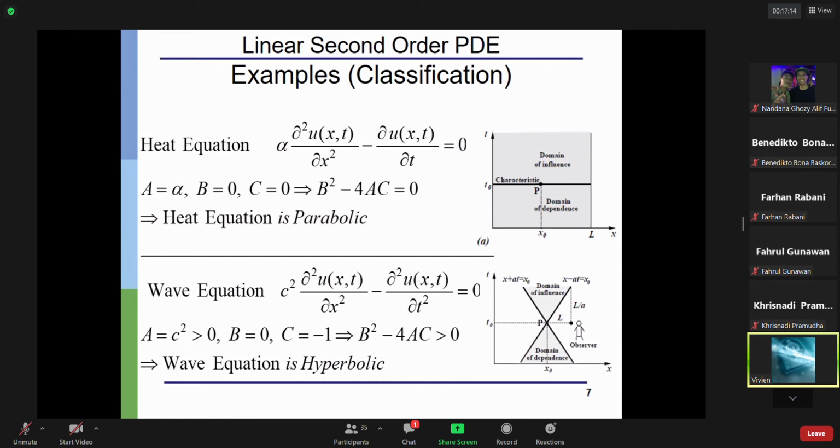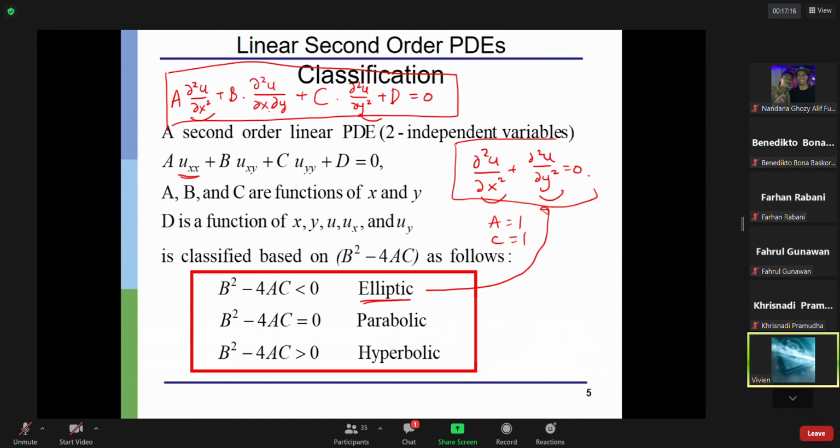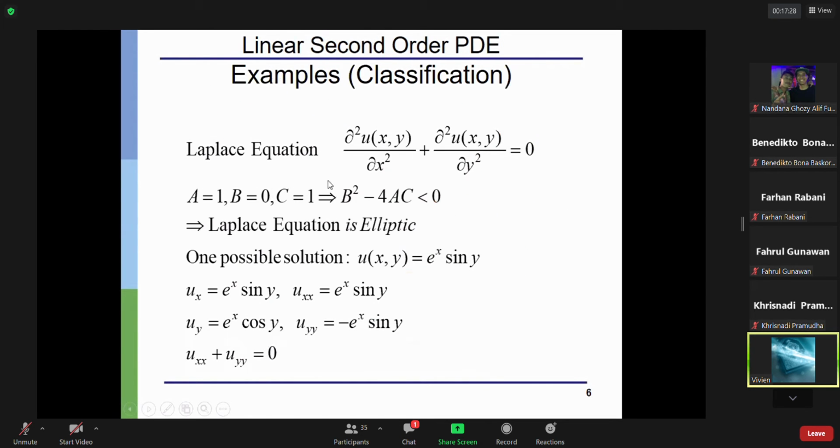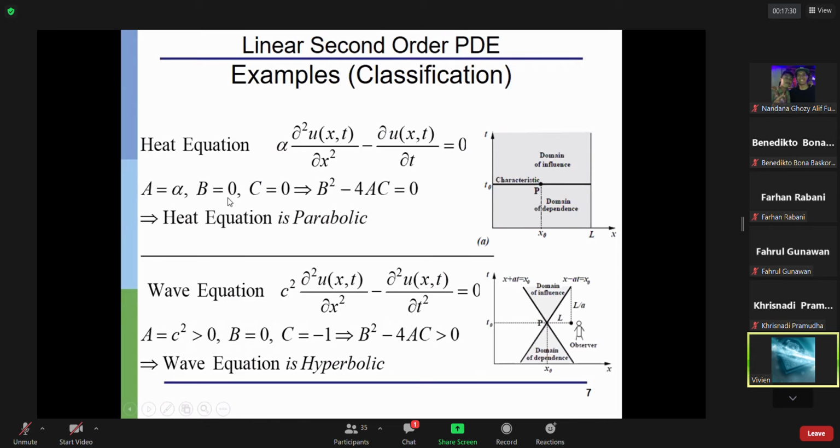So when we look at these equations back again here, what we have is only the value of A. B and C are 0. So the calculation of B squared minus 4AC will be equal to 0.